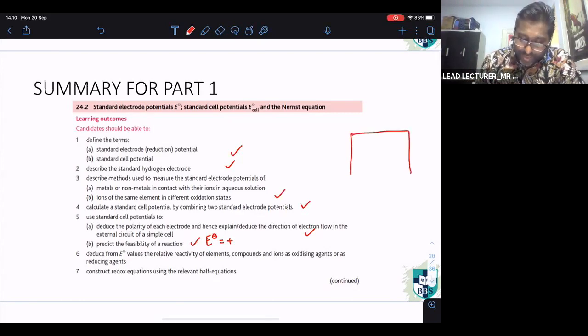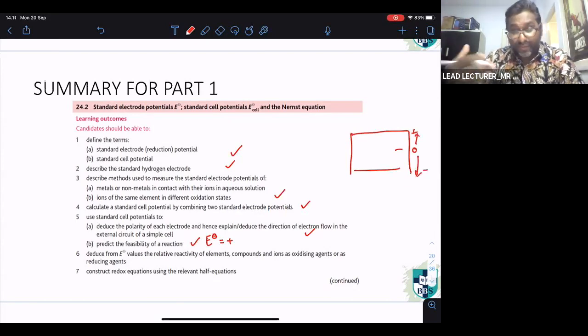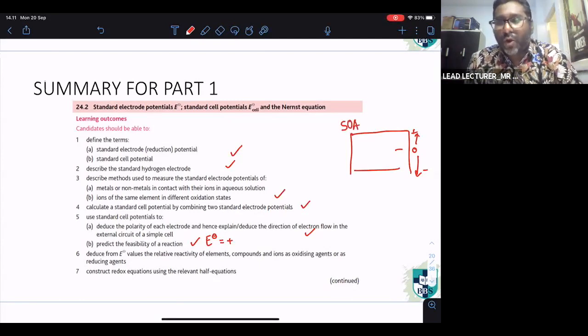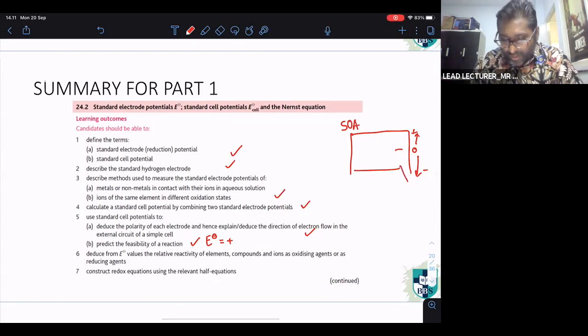So that is when you have the 0 and then you have more positive and then less positive, which is negative. If you look at the equation, the one on the left and the one at the top is known as SOA, strong oxidizing agent. The one at the right bottom is going to be the strong reducing agent.